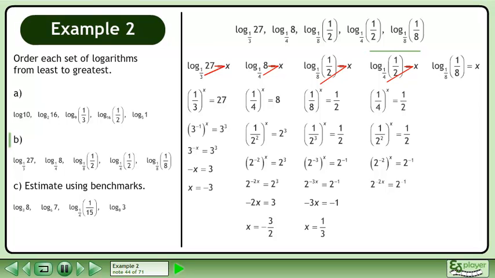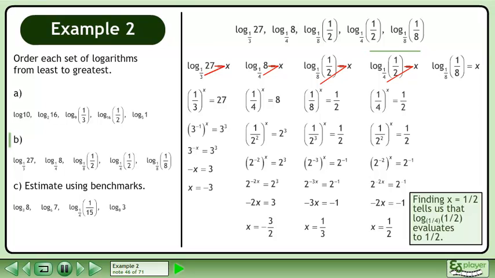Multiply the exponents. Set the exponents equal to each other. Divide both sides by negative 2 to get x equals 1/2. Finding x equals 1/2 tells us that the base 1/4 logarithm of 1/2 evaluates to 1 over 2.